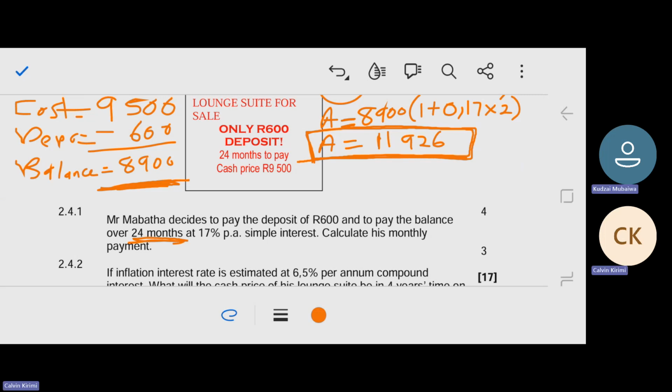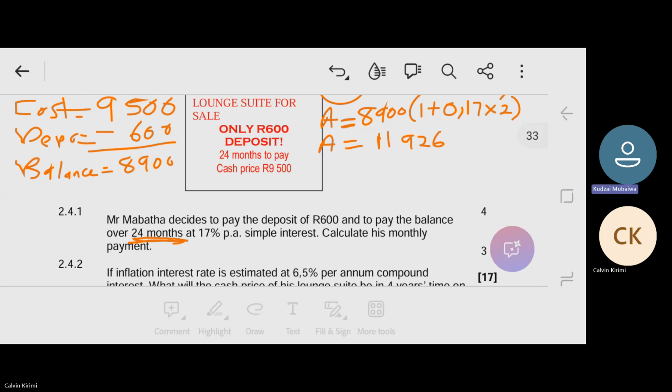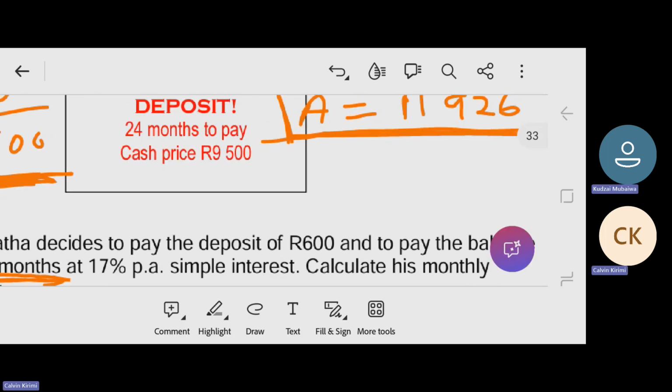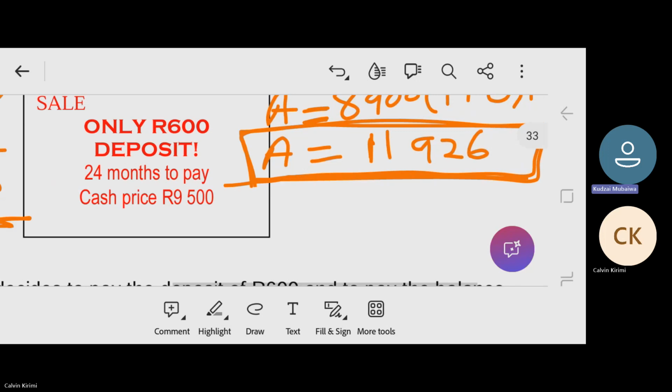So what is the monthly installment going to be? Divide our answer by 24.